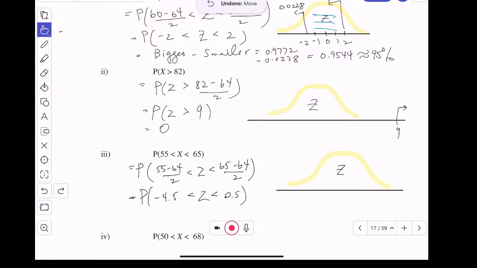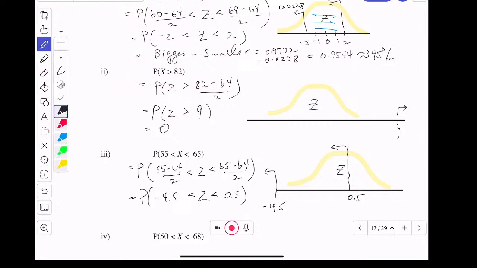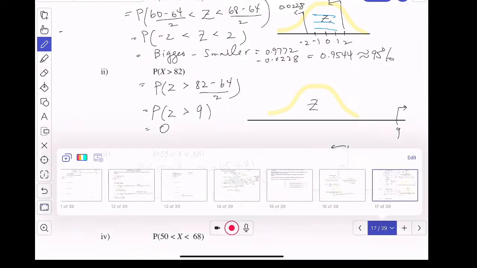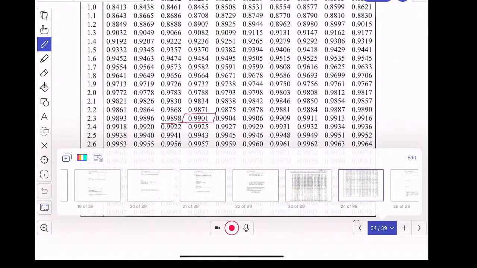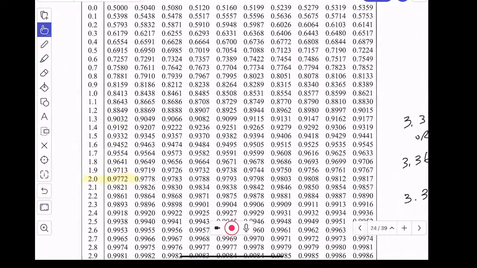All right, so 4.5 is over here, and 0.5 is just above 0. Now the area to the left of this one that's off the chart, anything off the chart we said, this is so small, we'll just call it 0. And then to the left of 0.5, we need to check that. To the left of 0.5, we got to go to the positive table and go up here.